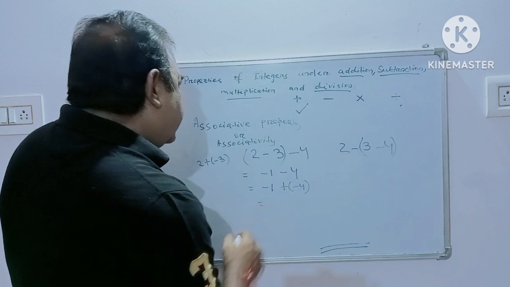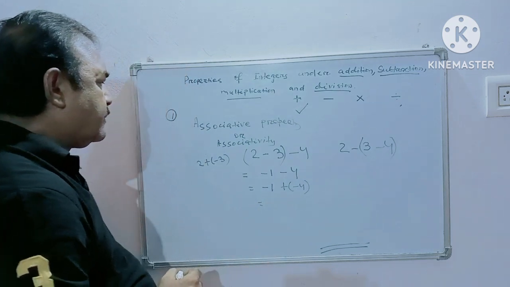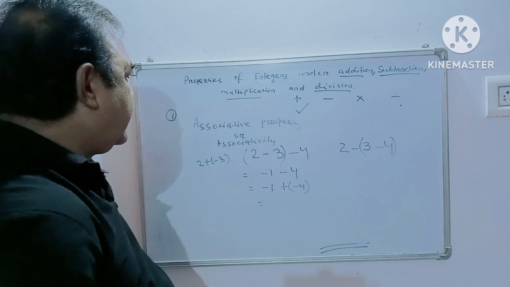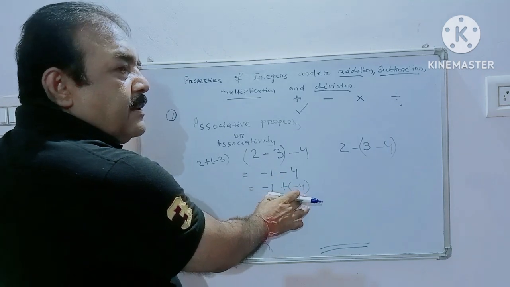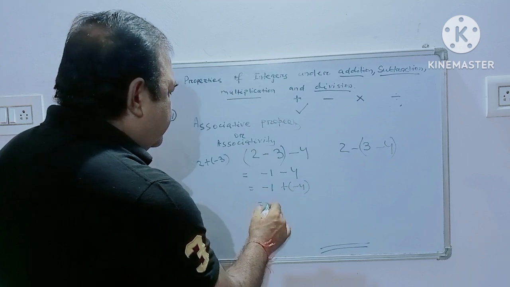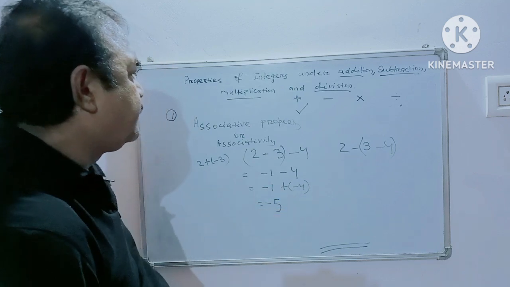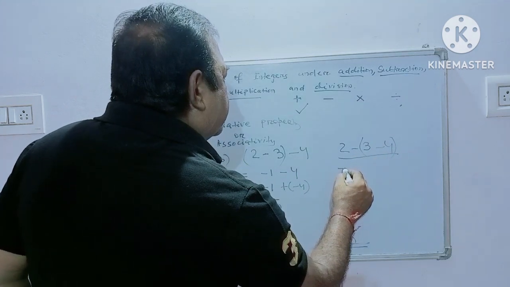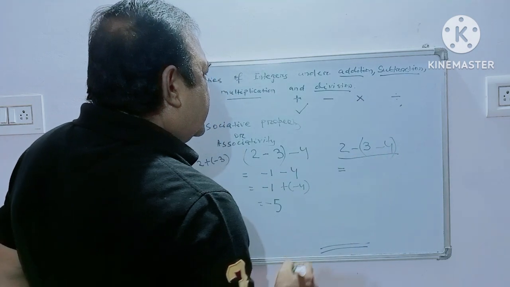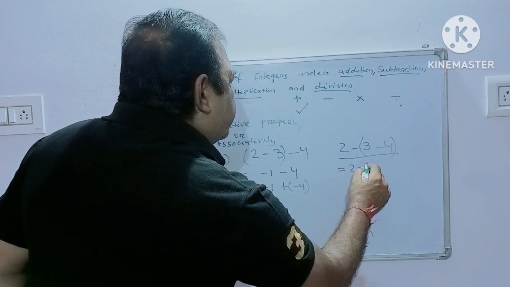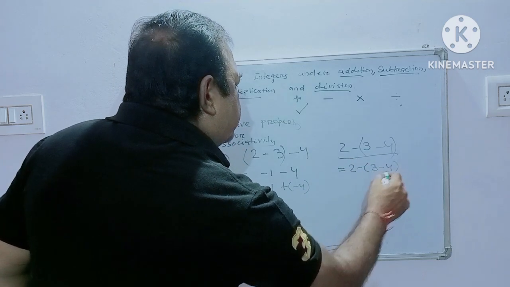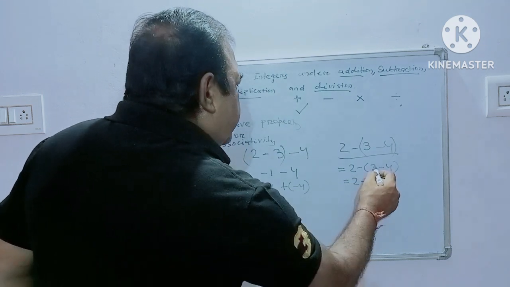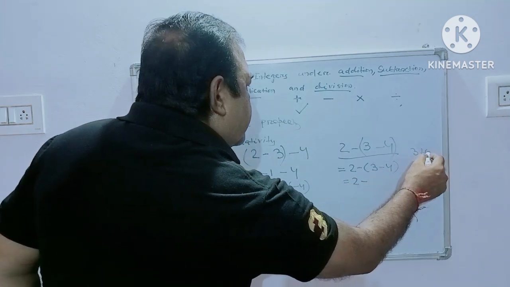What is the result here? Minus 1 plus of minus 4. Here you see both integers are of same sign. So this is minus 5. And now we will solve the other side. You see 2 minus (3 minus 4), that is 3 plus of minus 4.